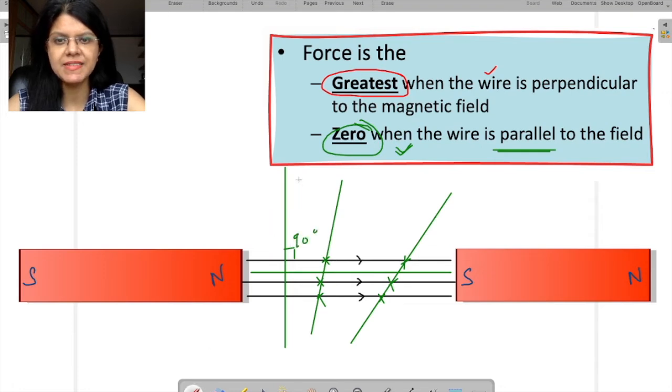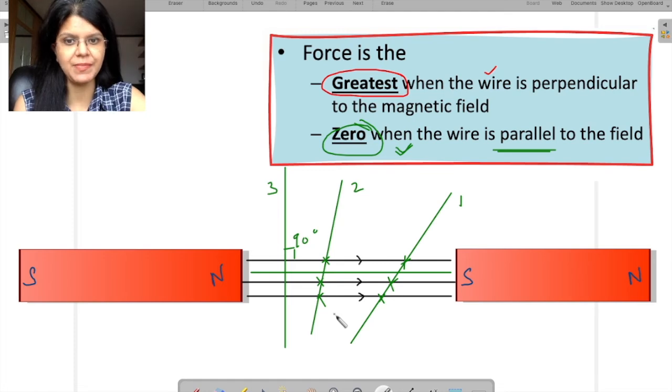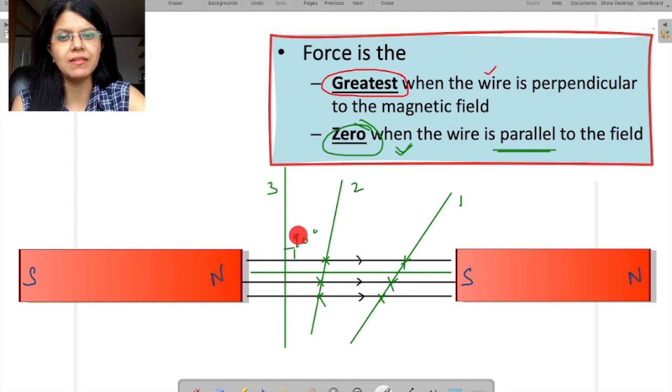So in all the three scenarios, scenario 1, 2, or 3, when the wire is held in a position like 1, 2, or 3, force is experienced because it is cutting the magnetic field lines, right? But the force experienced is the maximum when the wire is held perpendicular, 90 degrees, as in scenario 3, perpendicular to the magnetic field lines.